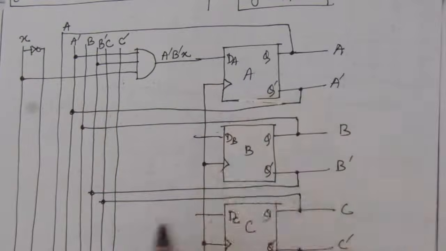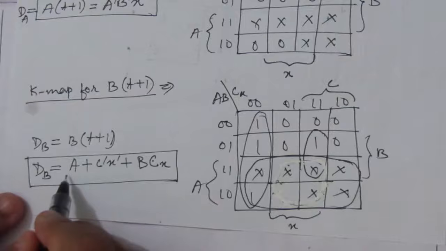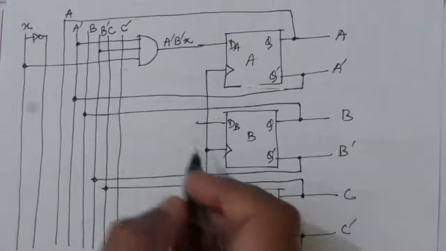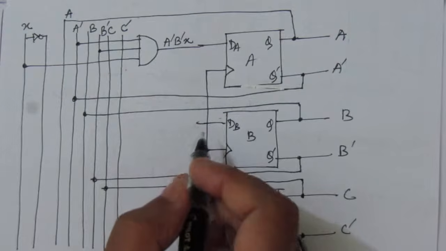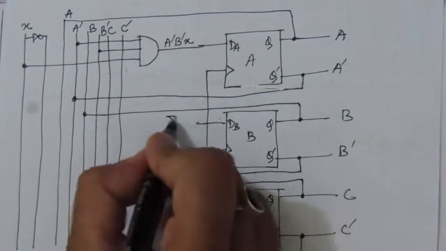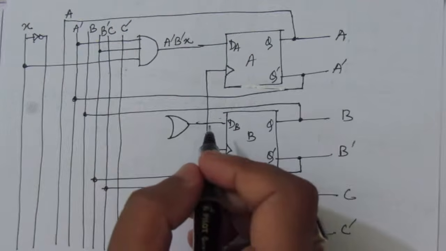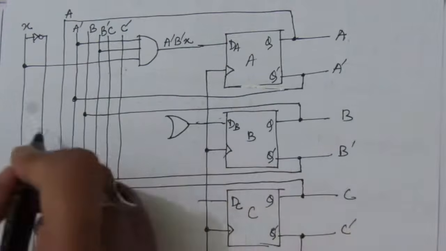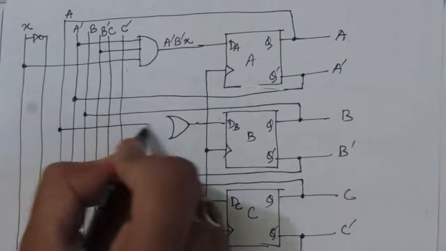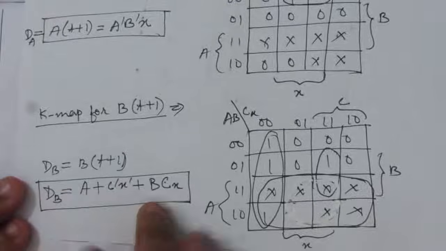Next we have this DB. Now for B we have A plus C bar X bar plus BCX. So for DB we have to find out the summation of, so here we'll have an adder. So the three inputs will be A, C bar X bar, and so on. So take a line from A, then we have C bar X bar.